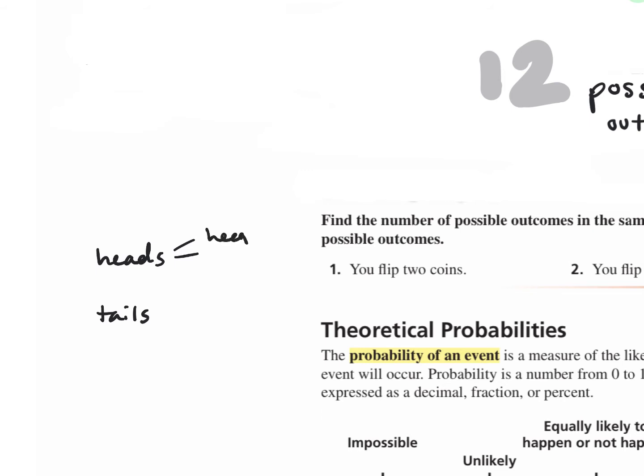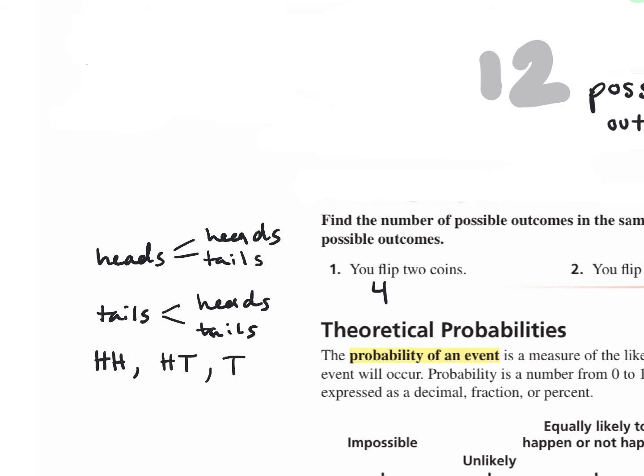Let's say the first time we flipped heads, then we flipped heads again, or heads and then tails, or we could flip tails and heads, or tails and tails. How many possible outcomes do we have? 4. It could be heads and heads, heads and tails, tails and heads, or tails and tails.